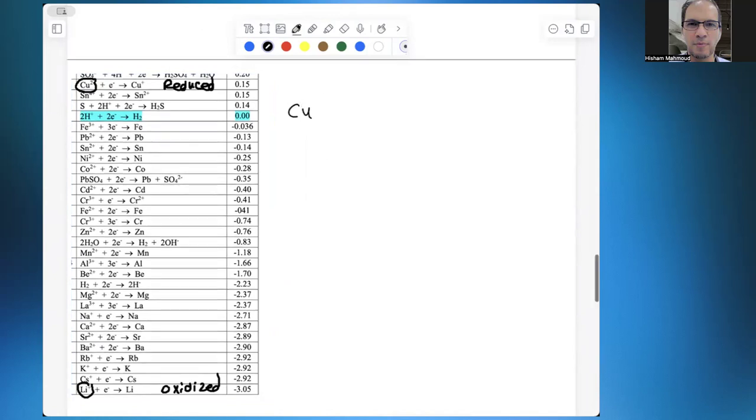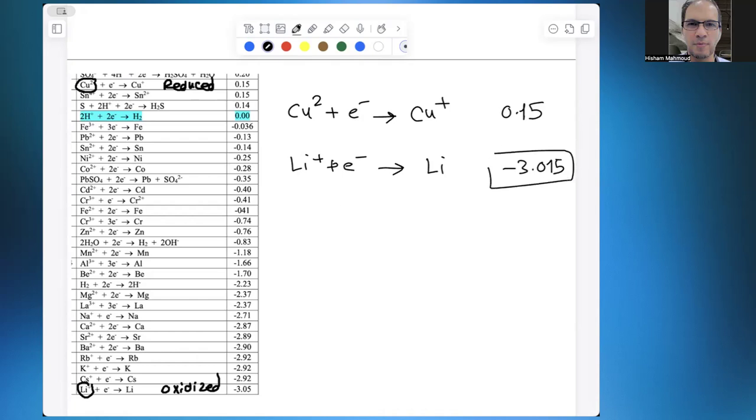We said that copper 2 plus takes one electron and forms copper plus, and the value for that one is 0.15. And then the lithium takes one electron and forms lithium, and the value of that is negative 3.05. We said that the one which is more negative is the more reactive one, and the one which is positive is the less reactive one.